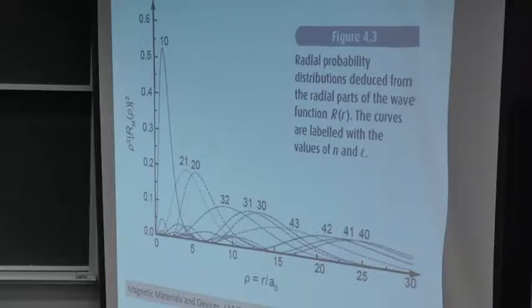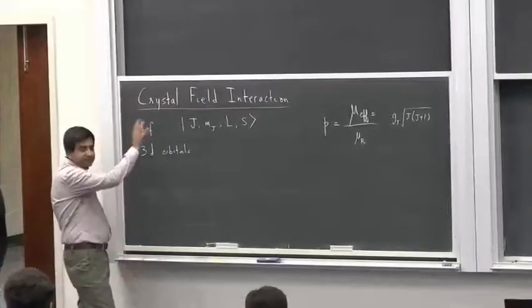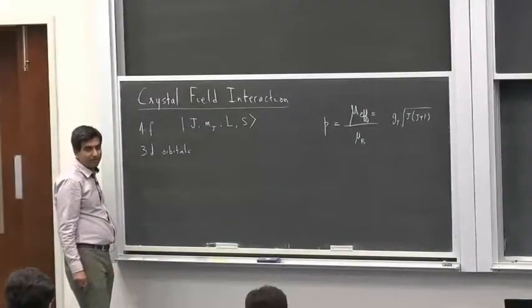Now the question is, how does the environment affect the 3d orbital? For that, what we need to see is a model. This kind of interaction in which the orbitals are interacting with the field of the crystal is called the crystal field interaction. Okay.